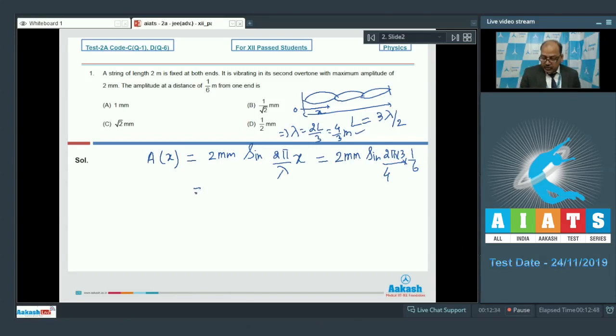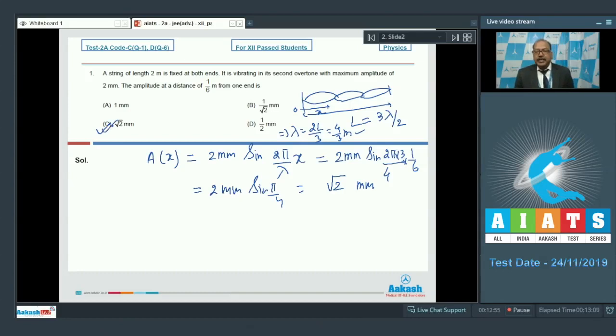So we have amplitude is equal to 2 millimeter sine pi by 4, and its value is clearly then √2 millimeter. Let's look at the options. Option C is matching with our answer, so option C is correct.